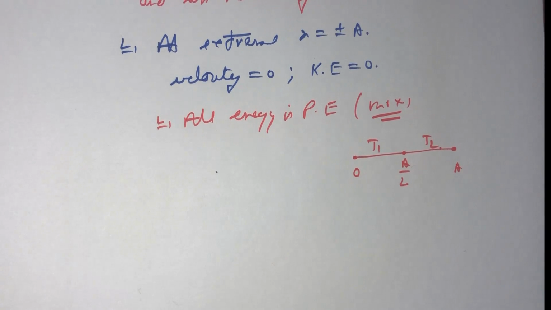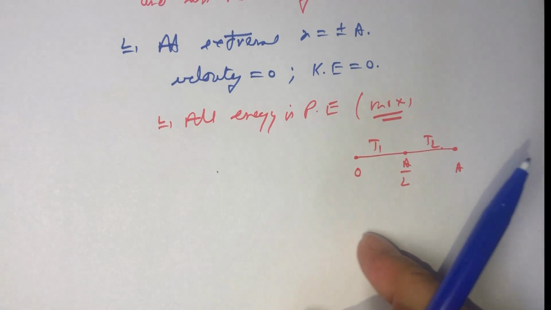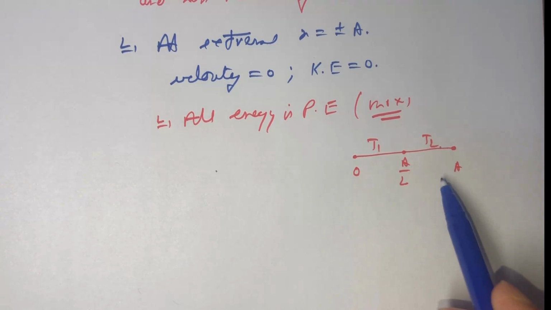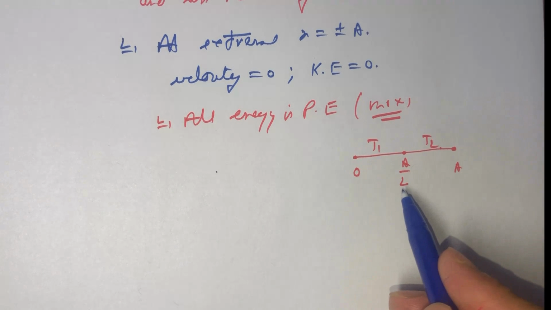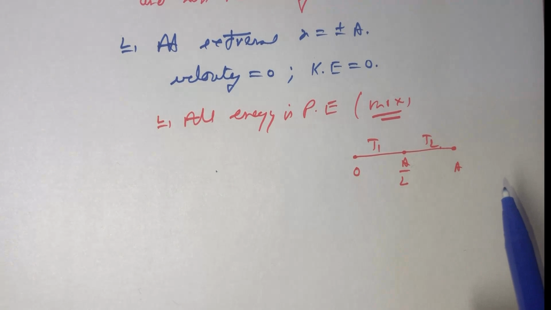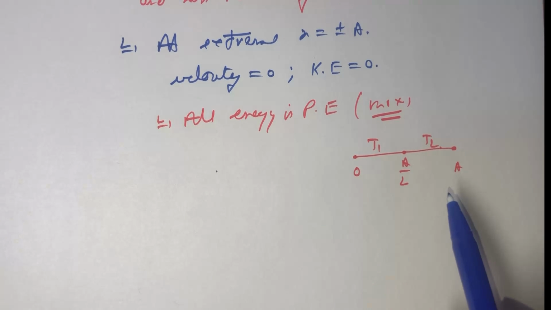So we can easily conclude that as we move away from O to A, the time is going to continuously increase. Therefore, t2 will be greater than t1.